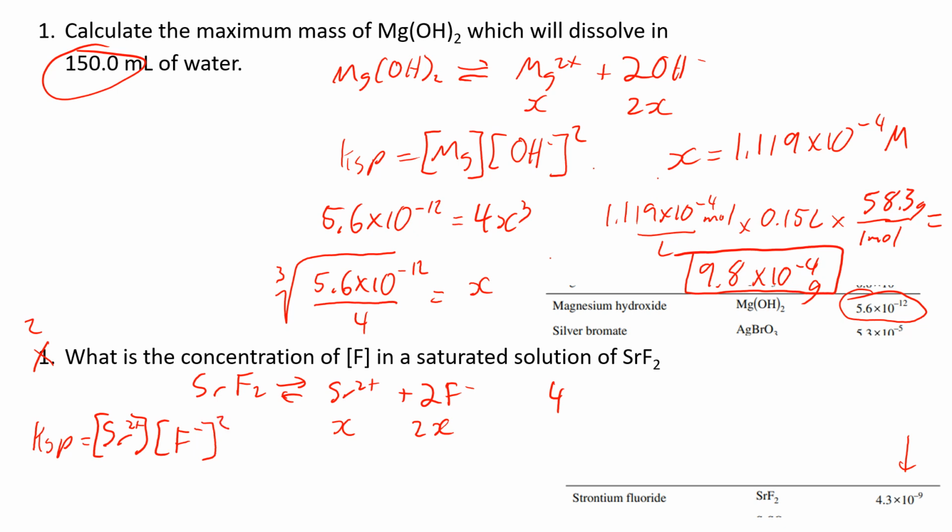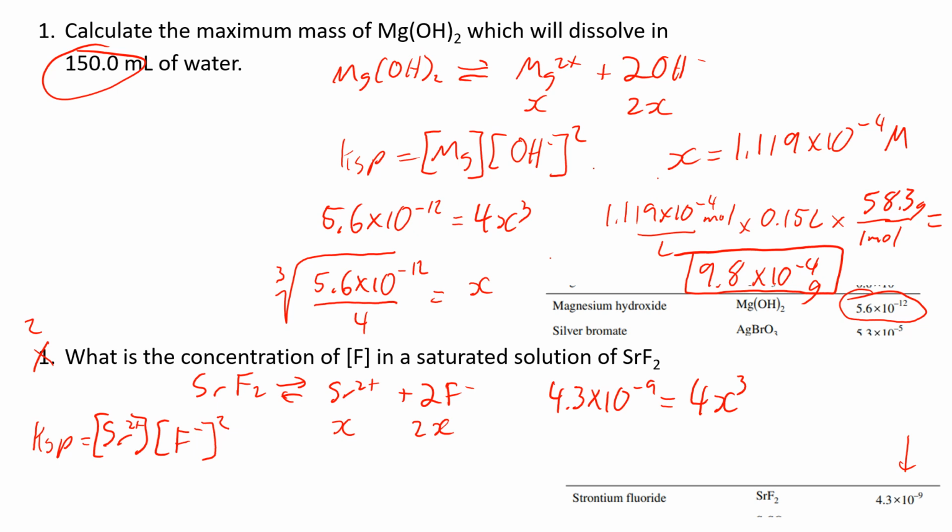Or in other words, plug in my values: Ksp is 4.3 times 10 to the minus 9 equals strontium, which is going to be X, times (2X) squared. X times (2X) squared is the same as X times 2X times 2X. So 1 times 2 times 2 is 4, and X times X times X is X cubed.